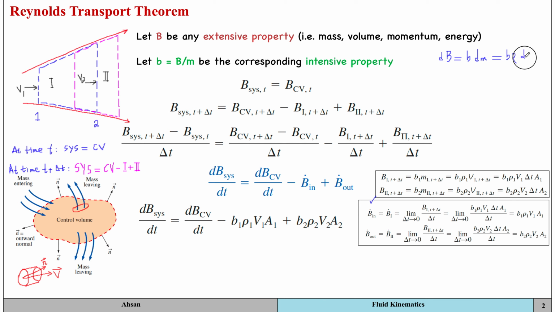So it would become rho into dV. This represents the volume here. And now I need to find out the volume for this case, right? And this volume here is going to be equal to the differential area dA, and then the length of this, which would be dl.